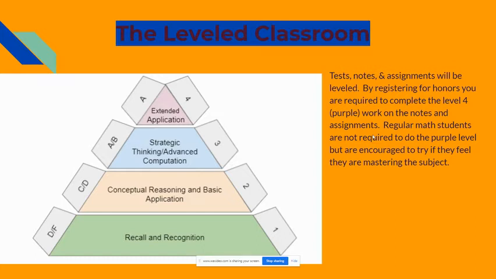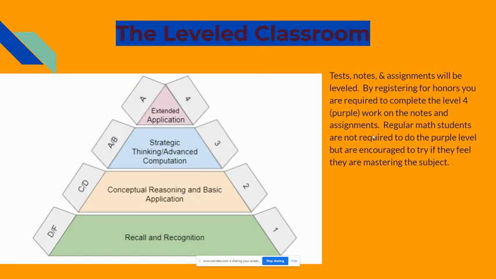All the assignments are leveled, so we have the honors students in class, and they're going to be working on the purple level mostly. They have extended application of the basic concepts. The 2s and 3s are the blue level: advanced computation, story problems. Let's look at this situation and solve it, but a little more guided.